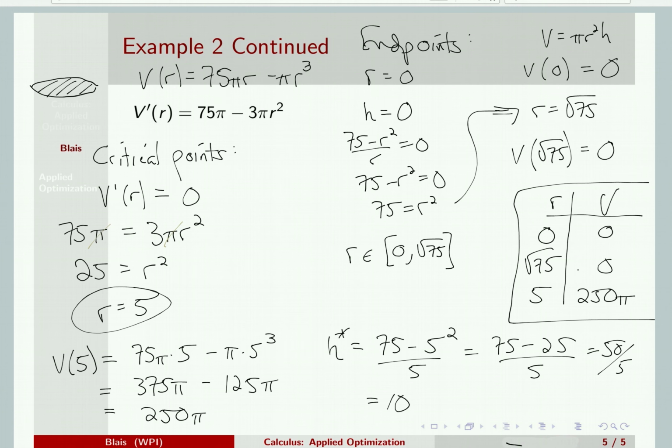Now, alternatively, we could have checked that this was a maximizer, again, with a second derivative test. So, once again, alternatively, we had V prime of r was 75 pi.